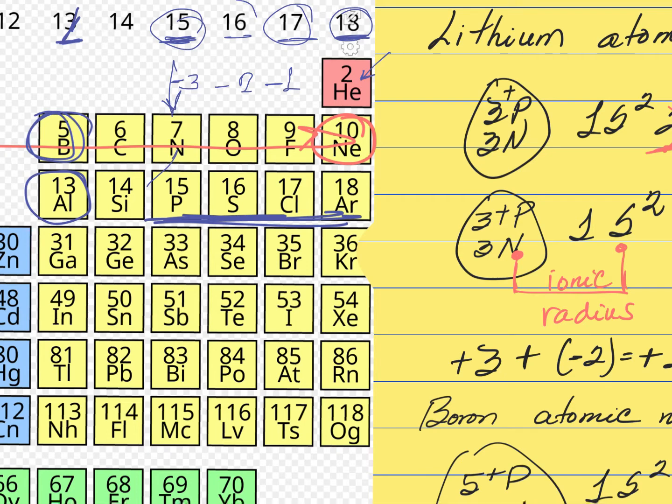But as you can see, from group 15 all the way to group 18, the amount of electrons that the nonmetals are gaining starts going down.